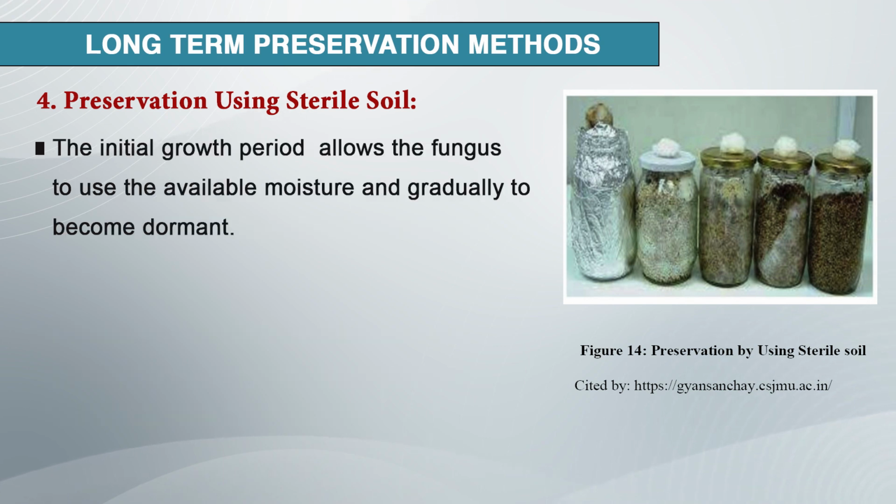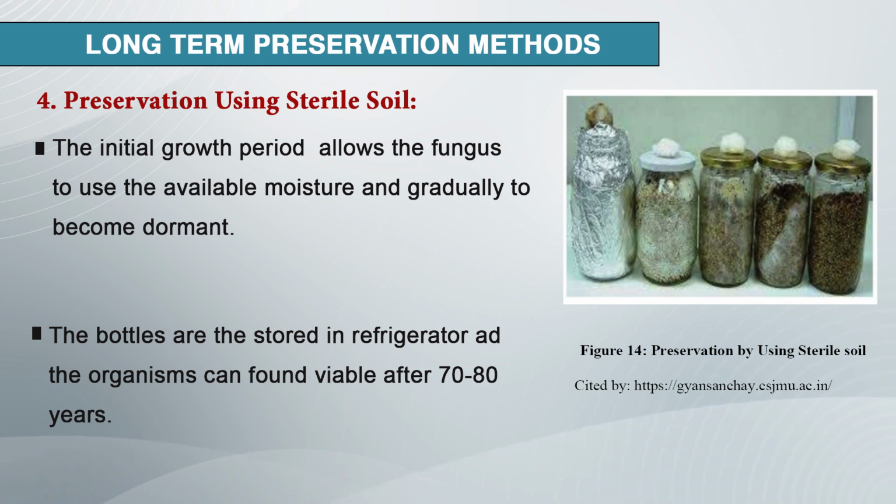The initial growth period allows the fungus to use the available moisture and gradually become dormant. The bottles are then stored in a refrigerator and the microorganism can be found viable after 70 to 80 years.